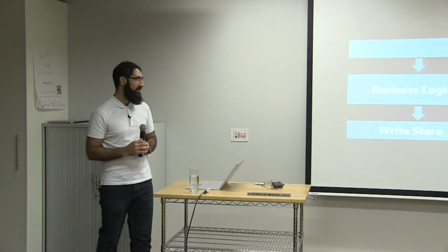What we can then do is use that information and almost replay it to create our read models. This is quite a difficult approach, a quite challenging architecture or way of organizing your system.